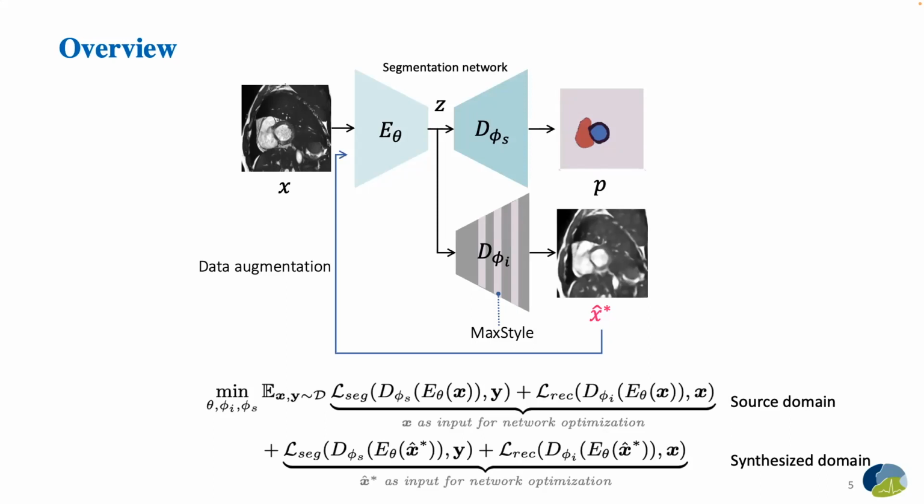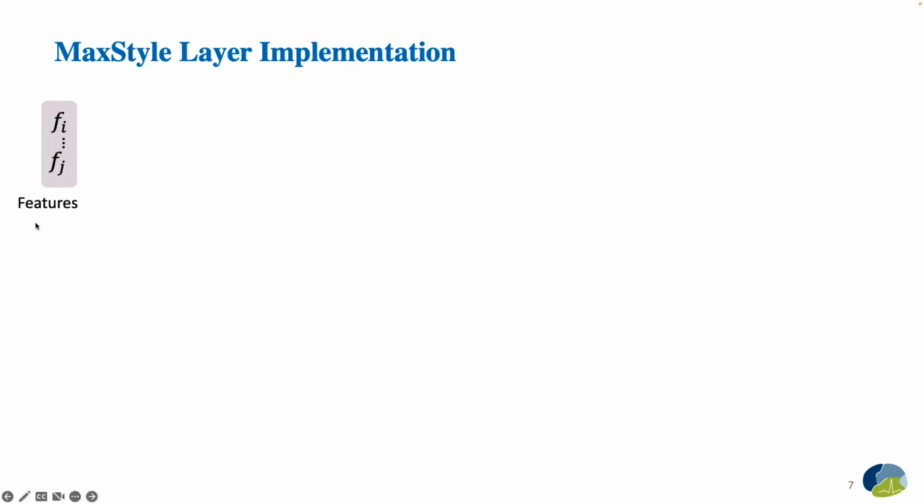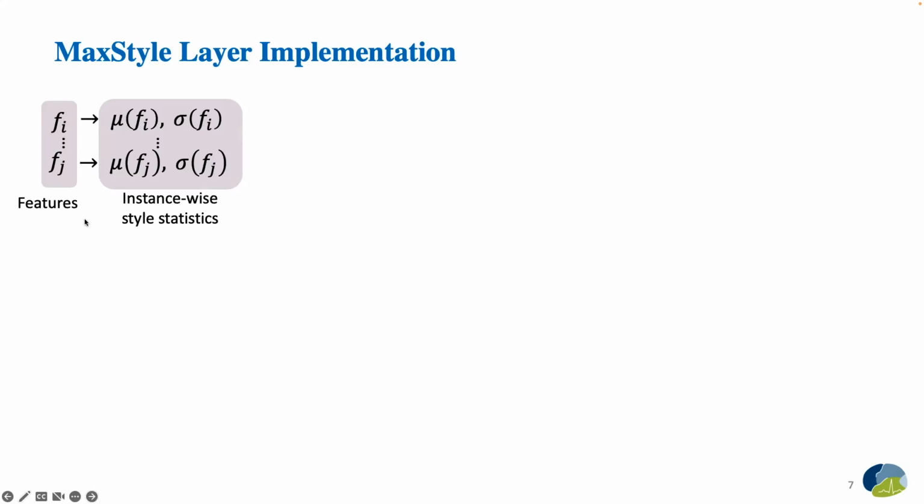Now, let's look at how MaxStyle augments features exactly. Well, given a batch of features, we first compute the style statistics of each feature, which are the channel-wise means and standard deviations.